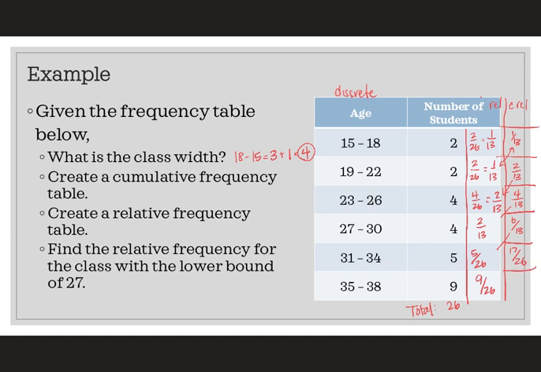And then take that 17 out of 26, add it to the 9 out of 26, and you should get 26 out of 26, or a 1. The very last row in every cumulative relative frequency table should always be a 1.